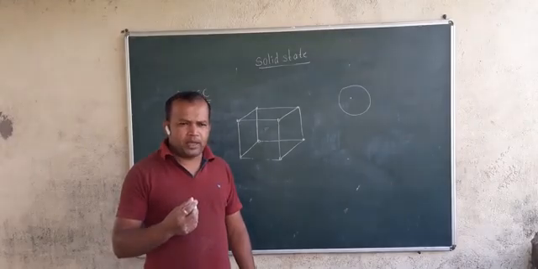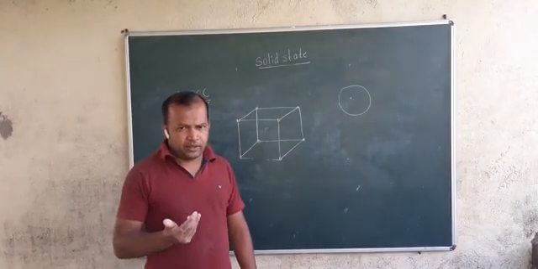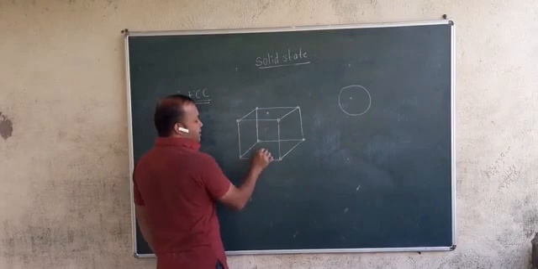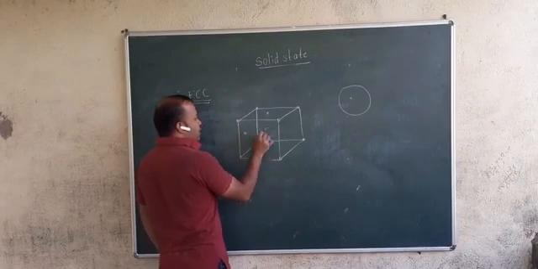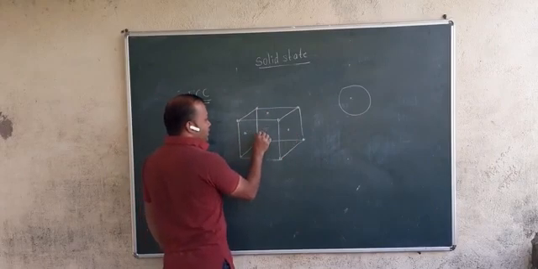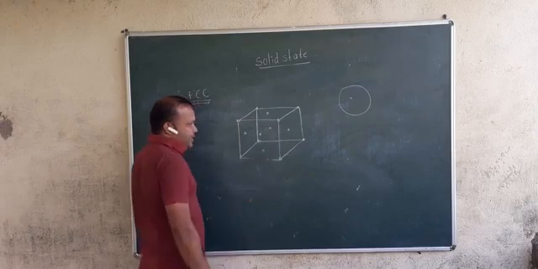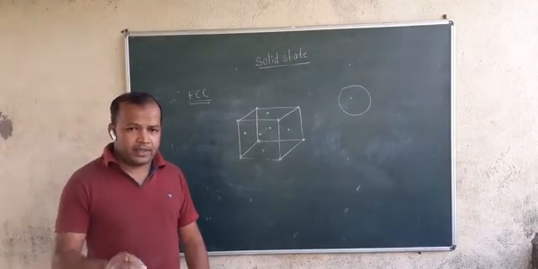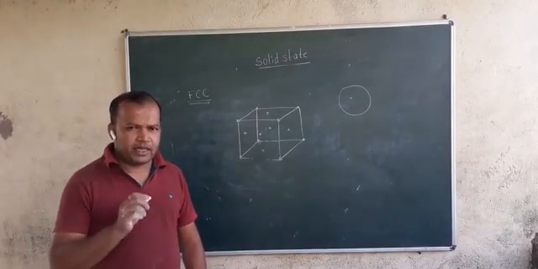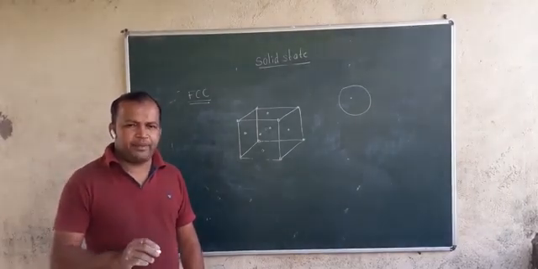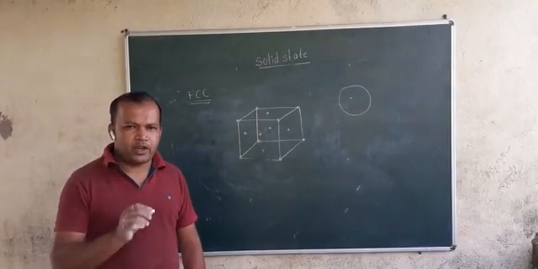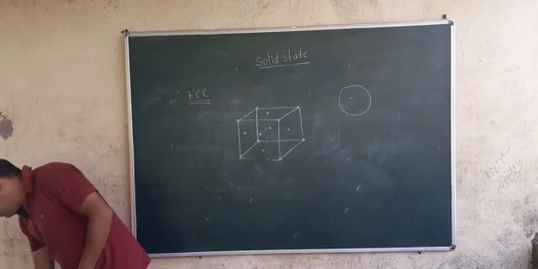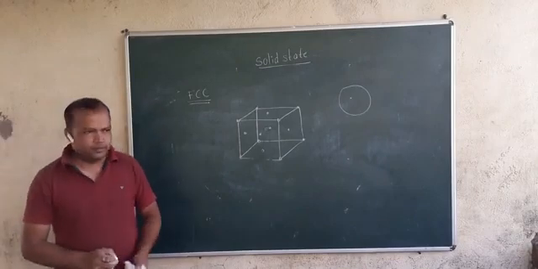You play the game Ludo; there are 6 faces. This is the upper face, down, this third, fourth, this is front, fifth, and this is back, sixth. So when 8 constituent particles are at 8 corners and 6 at 6 faces, we will say it is FCC, face center cubic crystal.